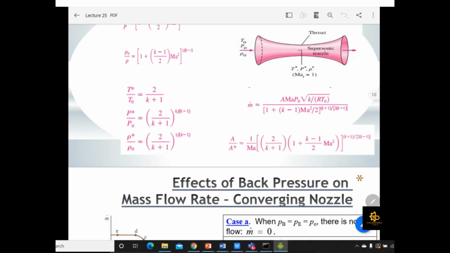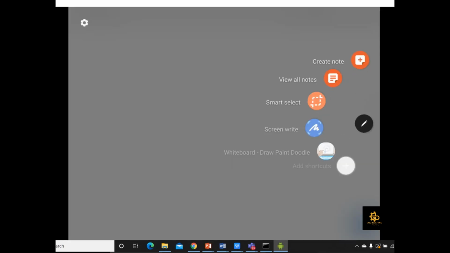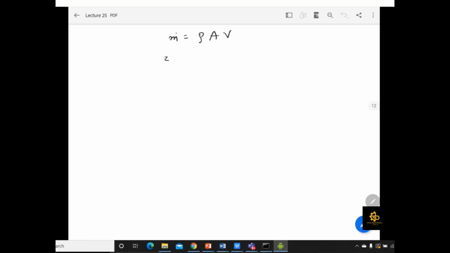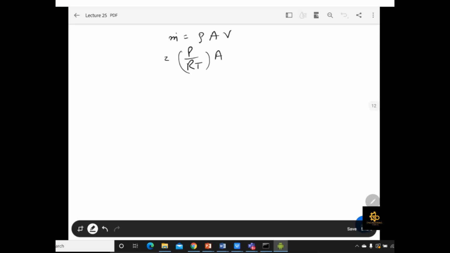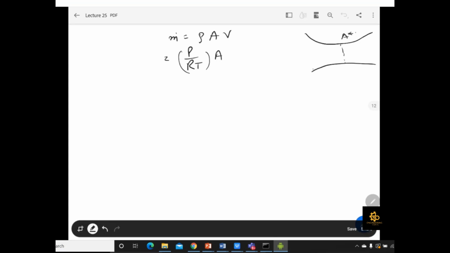This equation we will try to develop. Mass flow rate, you already know, is equal to rho A V. Rho is basically P divided by RT, and area is A. We are considering a simple case of a convergent-divergent nozzle, and we are finding the mass flow rate.